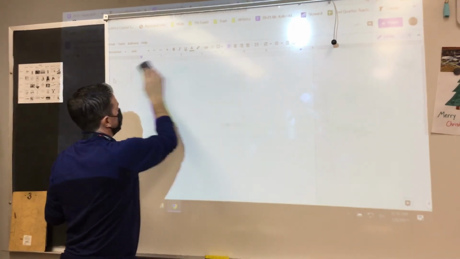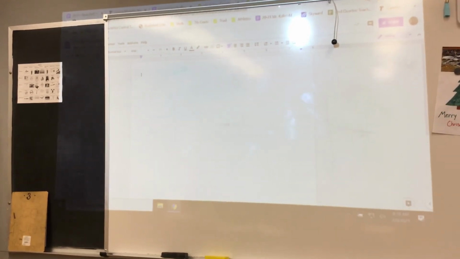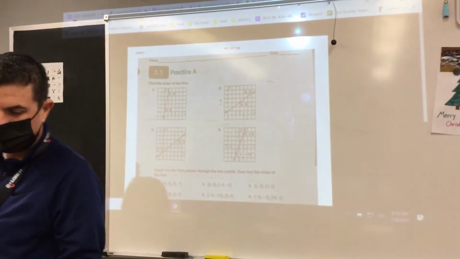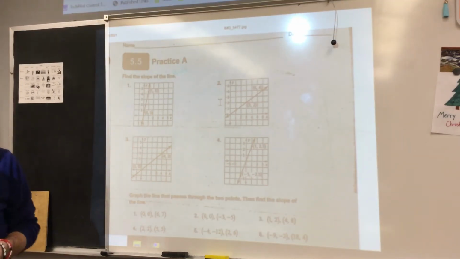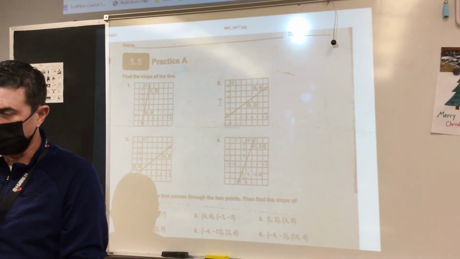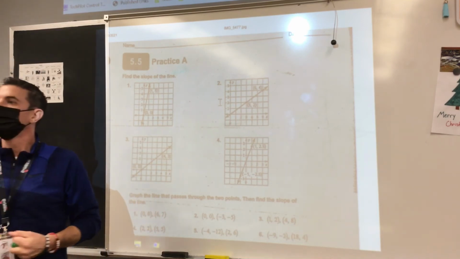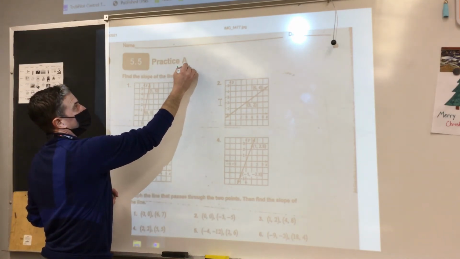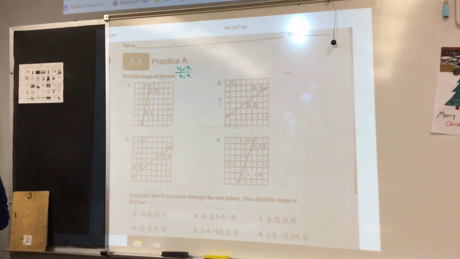I want you to flip to that second page on the back of the first page. Right. Should be 5.5 practice. What's the slope of that line on number 1? What do you have to do? You subtract the y's, right? y2 minus y1 over x2 minus x1. You got it for me?